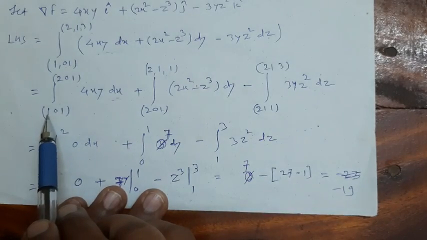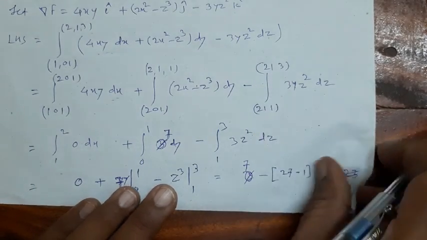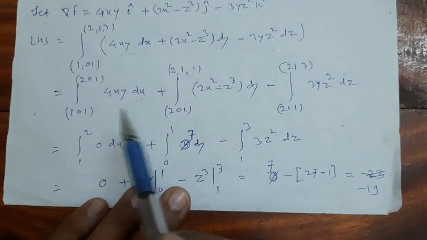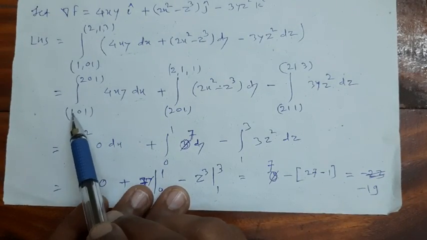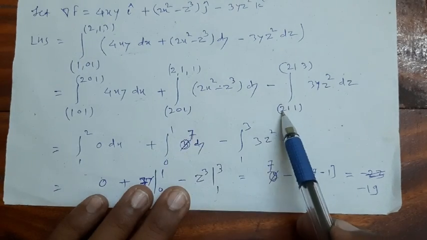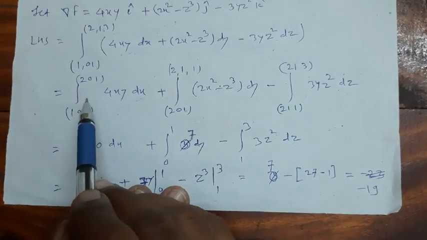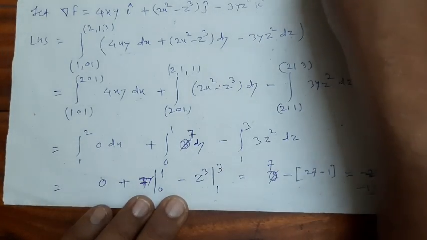That means finally it is the integration from 1 0 1 to 2 1 3, but with 3 different steps. First 1 0 1 to 2 0 1, then 2 0 1 to 2 1 1, then 2 1 1 to 2 1 3, and this is integration over dz. Now once we understand this, the rest of the things are very simple.